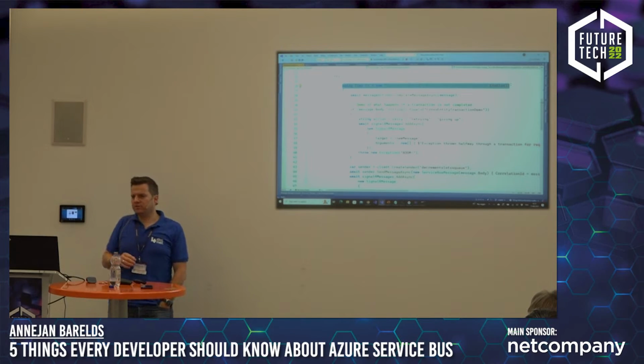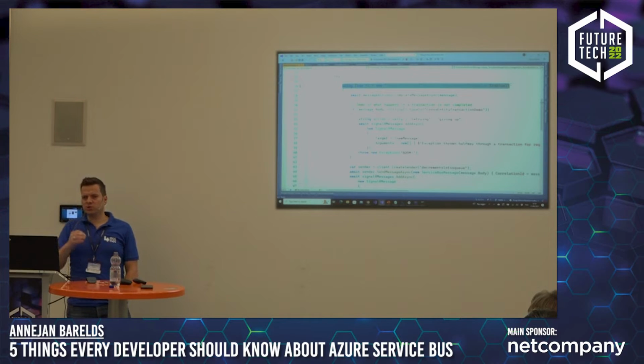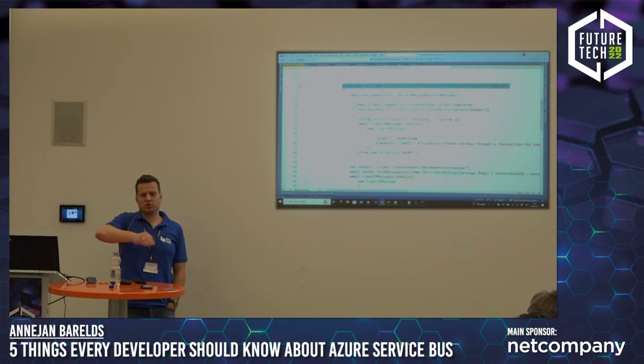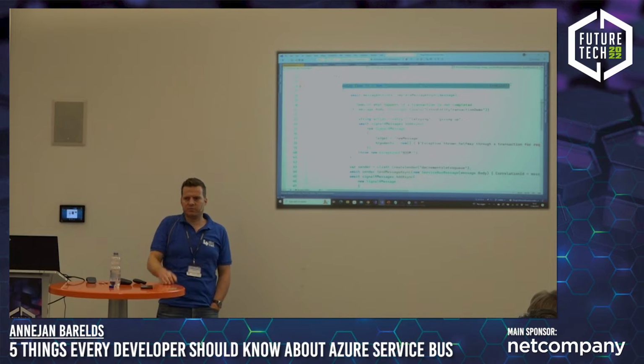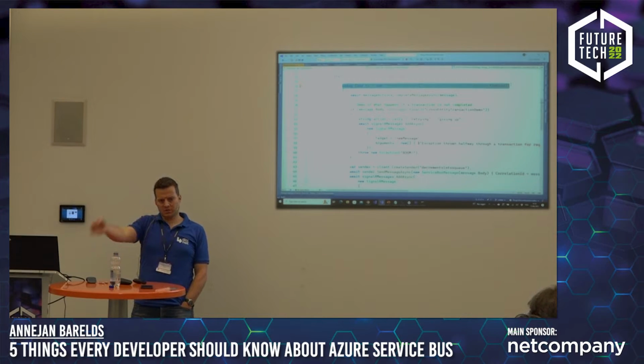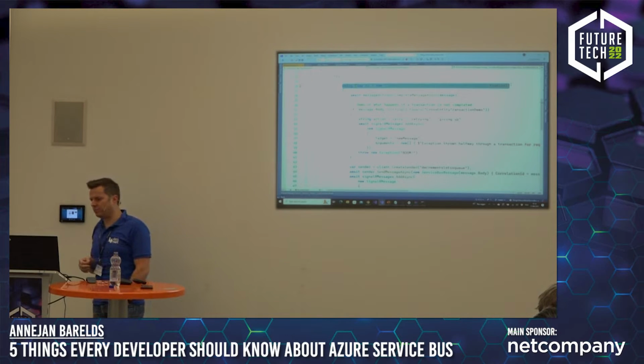What cross-entity transactions allow you to do is ensure that the completion of your incoming message, so your acknowledgement back to service bus saying, okay, I processed this message, you can do that in the same transaction as the sending of the message for the downstream process. You can wrap that in a transaction.